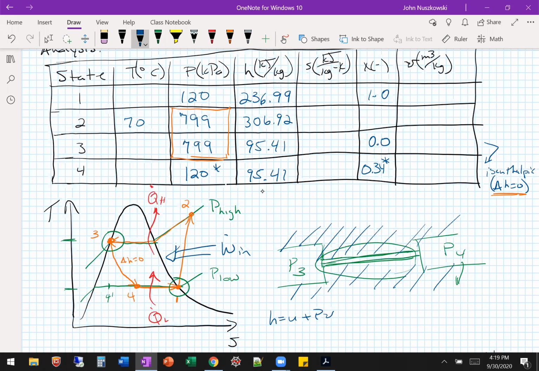And by enthalpy being constant, these terms change from here to here. The enthalpies are the same, but the internal energies and the flow work change from 3 to 4.